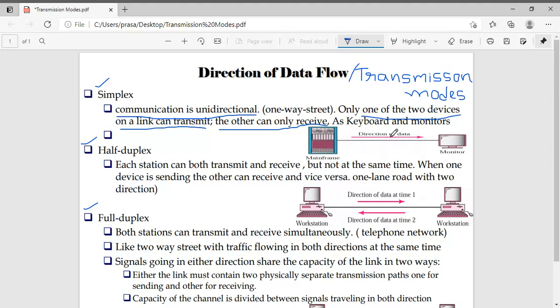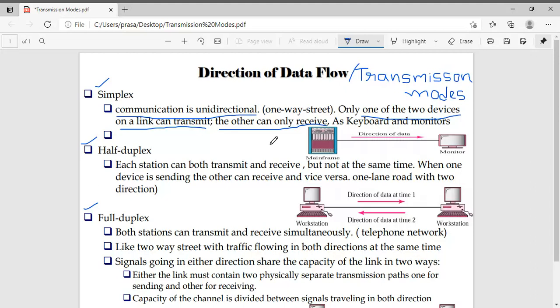This is the procedure of simplex transmission mode. Now coming to the second one, a little bit improvised when compared with the first one, half duplex. That is, all the time sender is not going to be sender. Sender can become sender or it can become receiver.